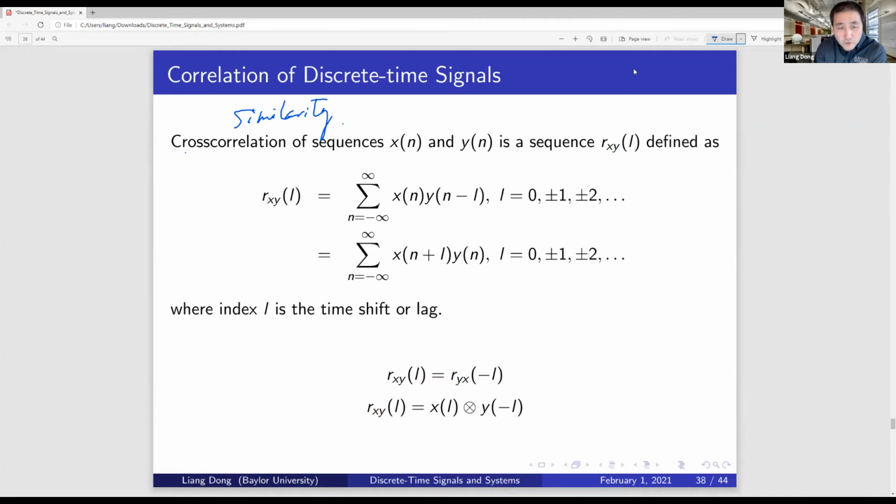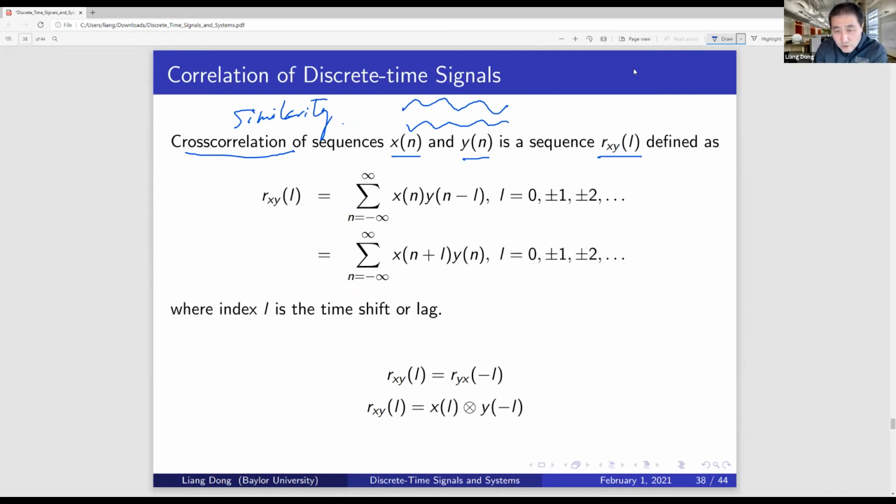I have a cross correlation of two sequences x[n] and y[n]. The cross correlation is represented by R sub xy of l, where l is the time lag. You can think of x[n] as a signal like this, and y[n] as another signal like this. I want to see how similar they are.